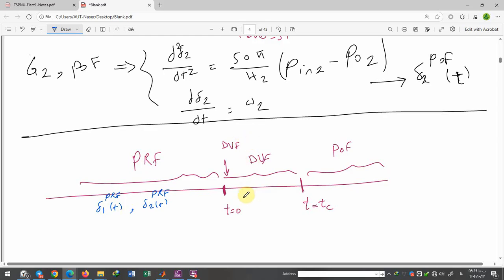After that, during fault we have delta 1 during fault and delta 2 during fault. Post-fault is delta 1 POF and delta 2 POF. We have 6 deltas: 3 for delta 1 and 3 for delta 2.